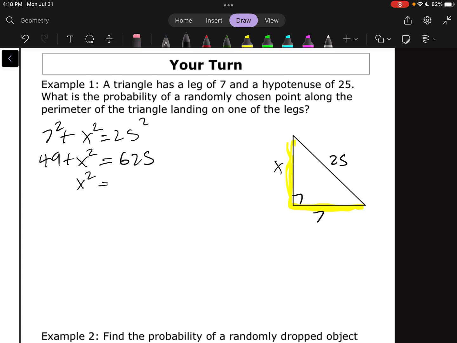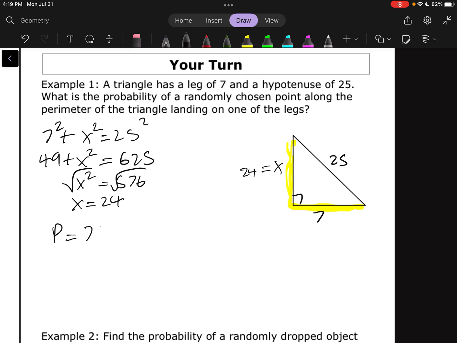That's x squared equals 625 minus 49, which is 576. And the square root of 576 is 24. So this leg's 24.